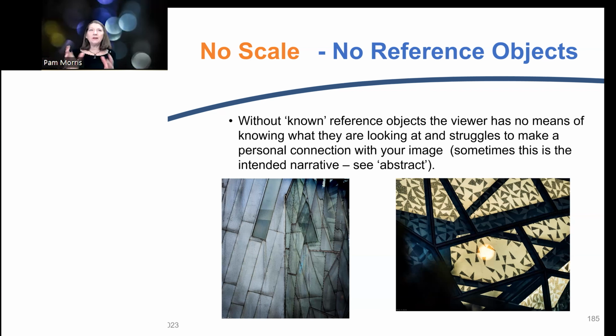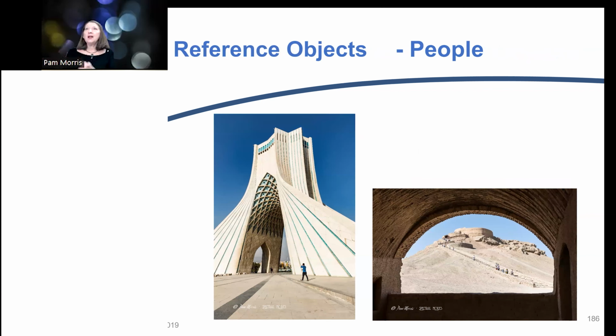So that's why sometimes we deliberately leave out reference objects to confuse and intrigue the viewer. But if we really want to communicate something about this scene, then we need to put some reference objects in. The one on the left here is the Freedom Tower in Tehran, and it was absolutely massive. Beautiful architecture.